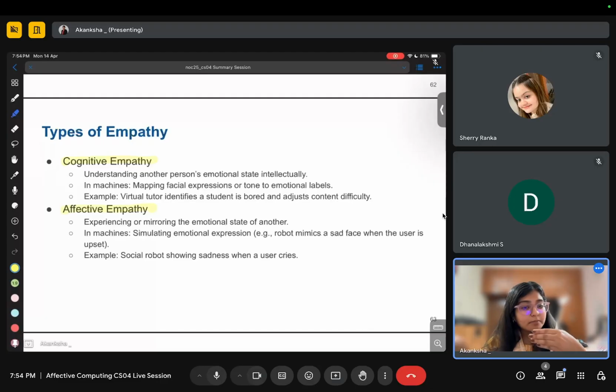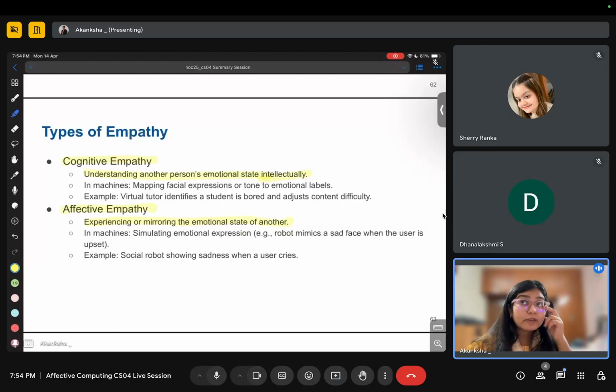If it is meant to counter that negative emotion, then it should not reciprocate the same emotion. Understanding should be there, but it should not feel it. So cognitive empathy means understanding intellectually, and affective means experiencing or mirroring the emotional state.